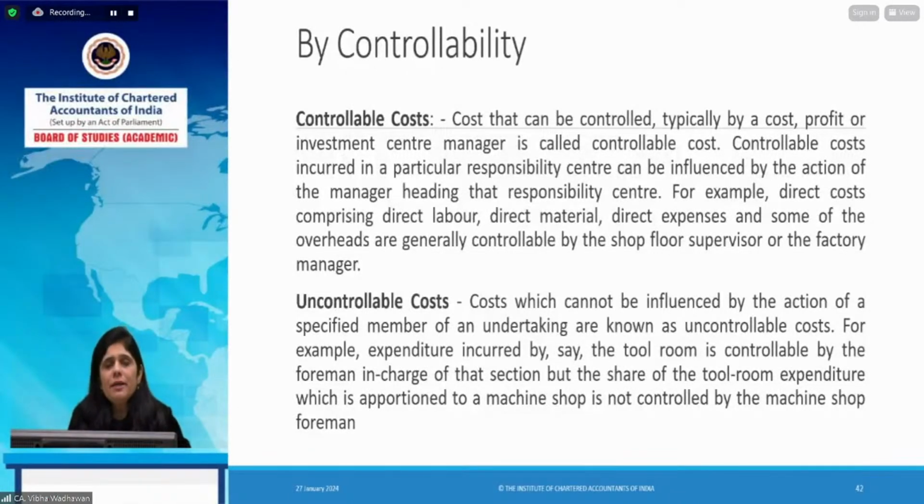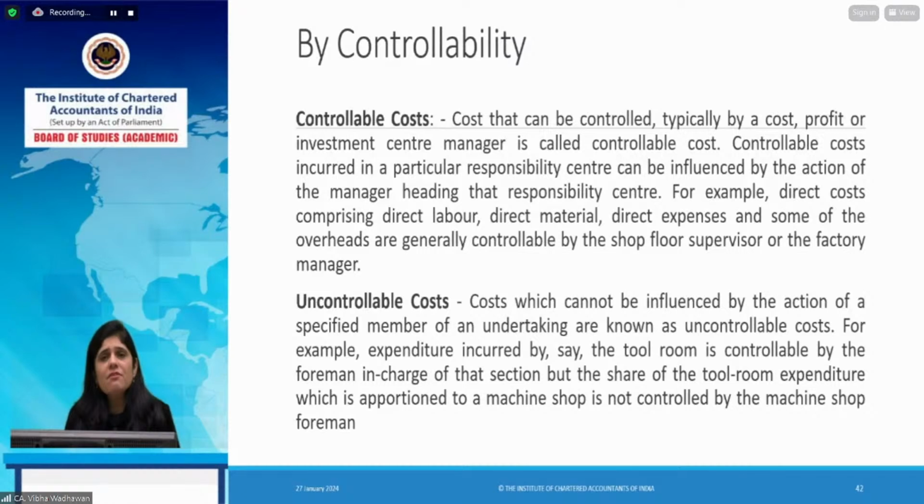By controllability, we are doing the classification of cost only. Controllable cost and uncontrollable cost. Now see, it's very easy to understand. Controllable cost means, I told you, you now know the responsibility centers. There are different responsibility centers for which the particular responsibility center manager is answerable.